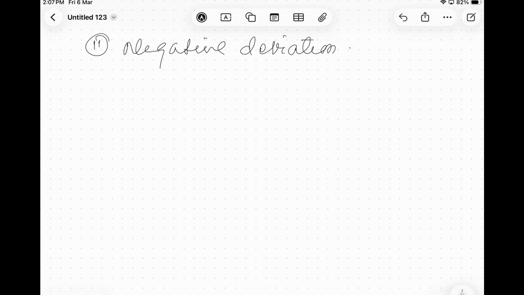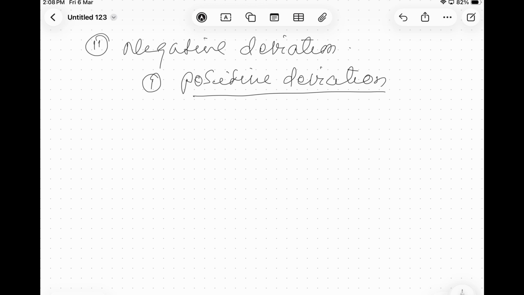Let us discuss the one with positive deviation. Number one, positive deviation. Non-ideal solution with positive deviation. What are the examples? Let me write the example first.